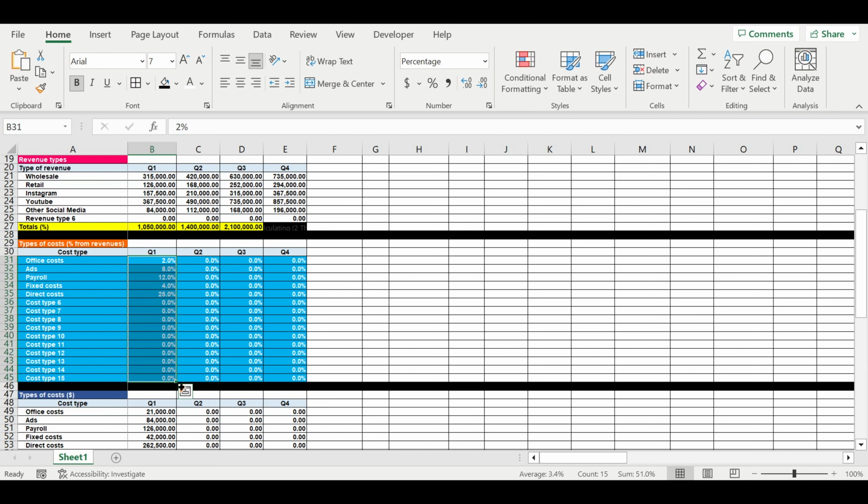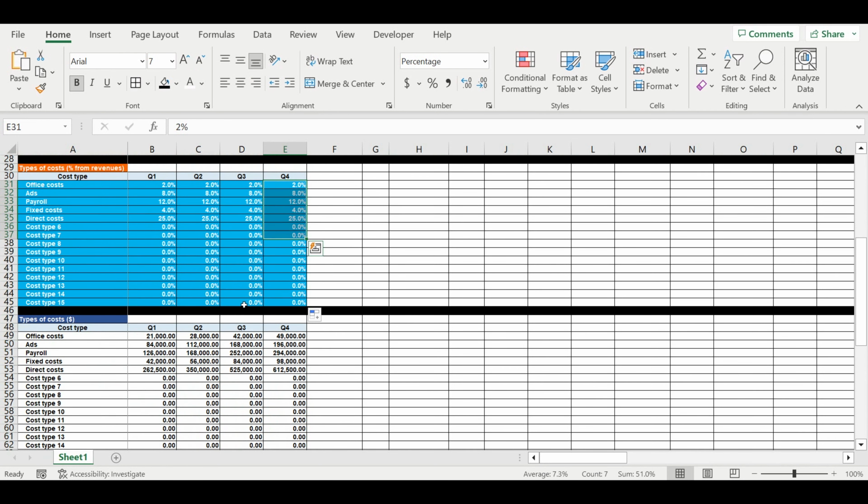And now we can just extrapolate these percentages, and we can also transform these percentages each quarter. I just extrapolated it from left to right, but you can also adjust these percentages quarter by quarter, because these are the inputs.